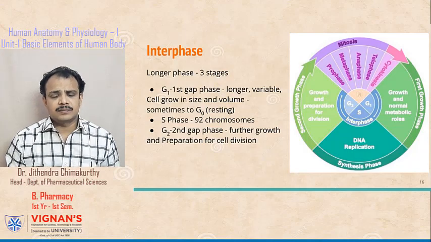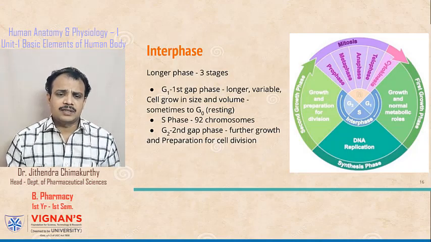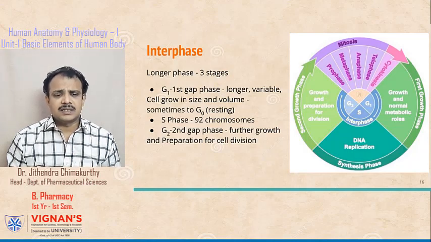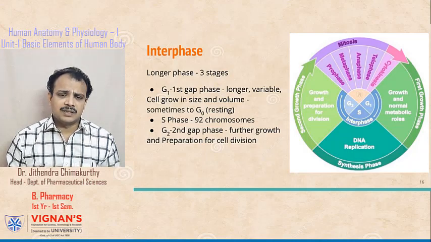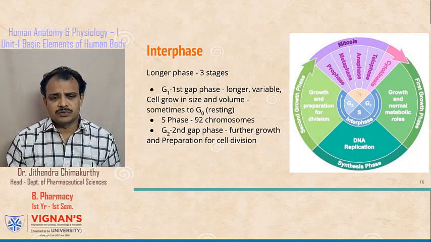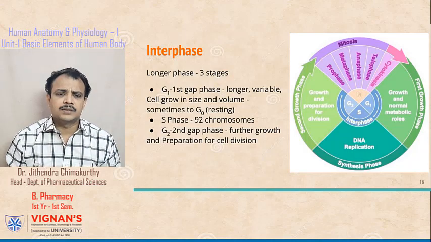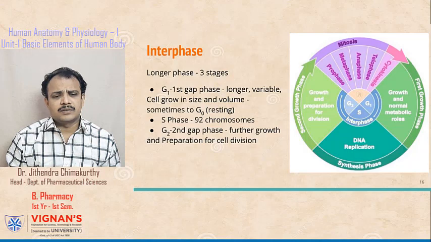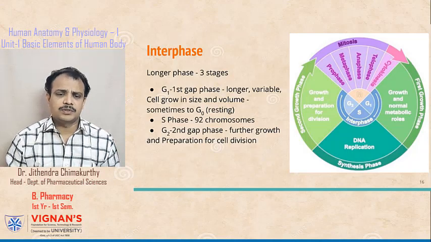The second stage of interphase is S phase. S phase is also called synthetic phase, and this is the phase in which the DNA will be replicated. It means the number of chromosomes will be doubled. The 23 pairs of chromosomes will become 46 pairs of chromosomes, so that the DNA is sufficient for 2 daughter cells.